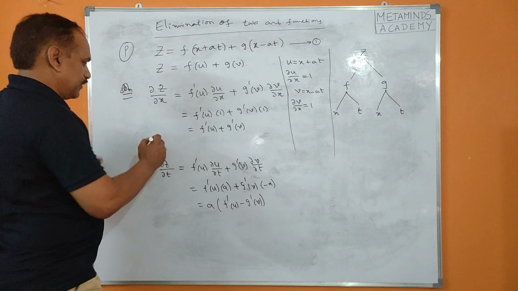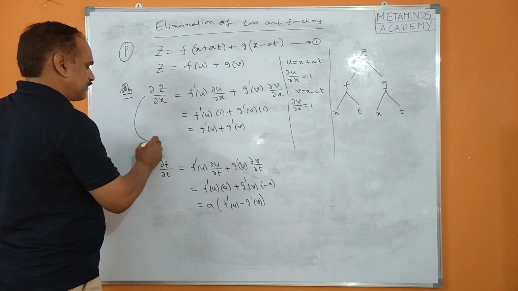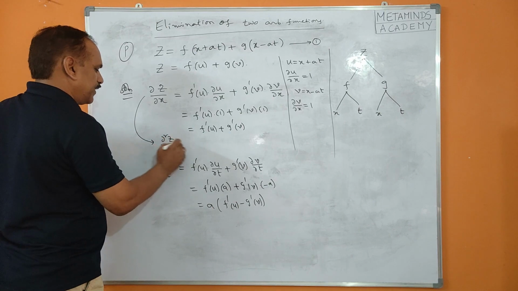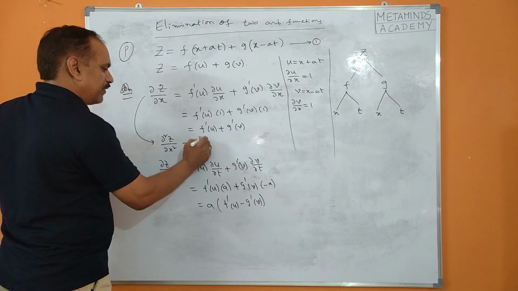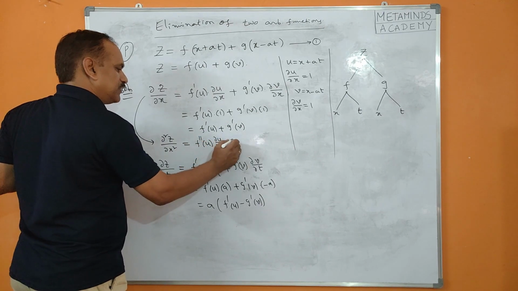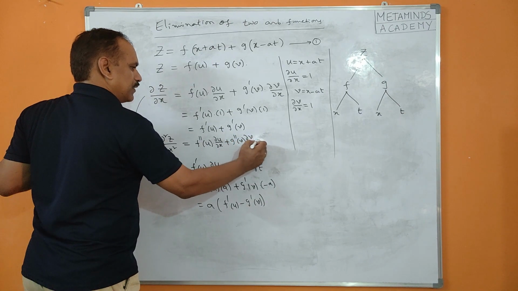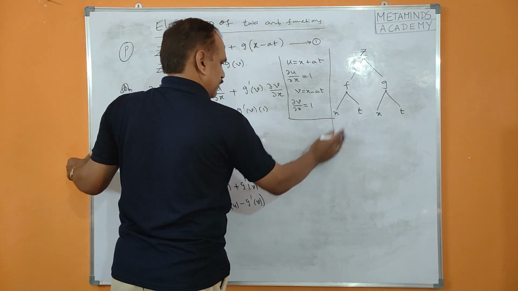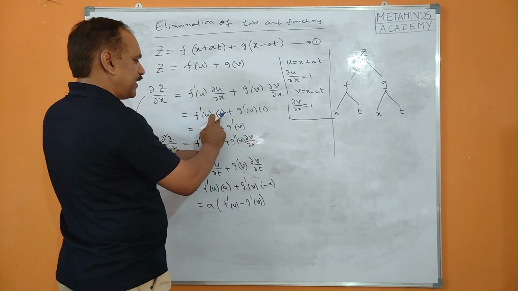Right? Let us see. Now differentiate this with respect to x again, dou square z by dou x square is f double dash u into dou u by dou x plus g double dash v into dou v by dou x. Right? What is dou u by dou x? Dou u by dou x is already 1.